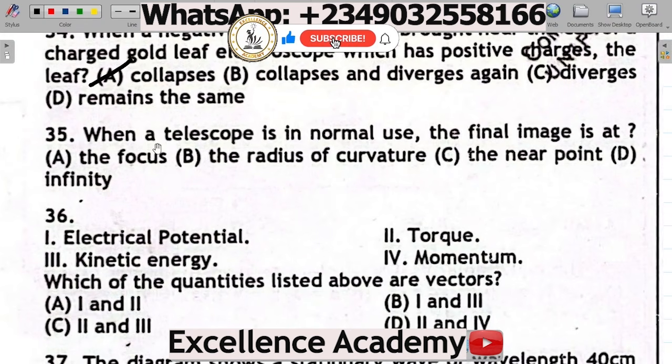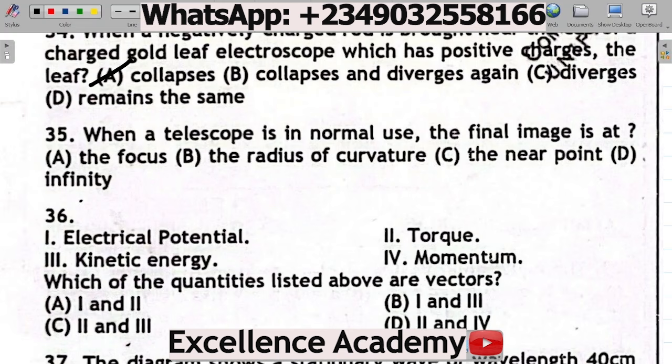Next up, question 35. 35 says, when a telescope is in normal use, the final image is at A, the focus, B, the radius of curvature, C, the near point, D, infinity. So what's the correct answer for this particular question? Now, in normal adjustment, you want to note that the final image is usually at infinity.